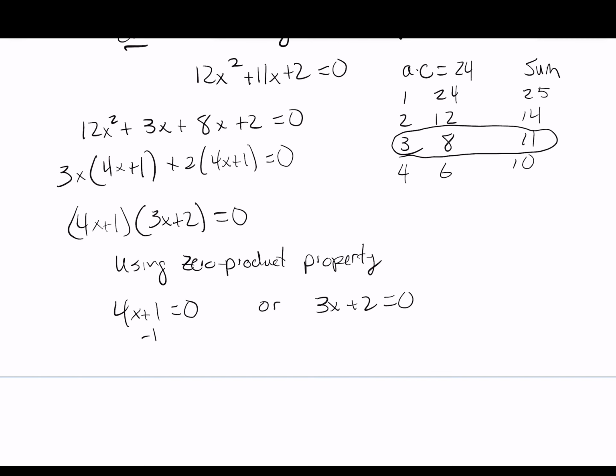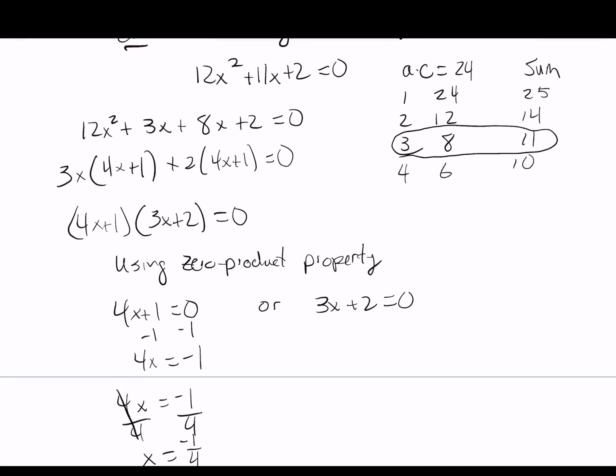We can subtract 1 from both sides. We have 4x is equal to negative 1. I'll rewrite that on the next line here. Divide by 4. The 4's cancel. x is equal to negative 1/4.